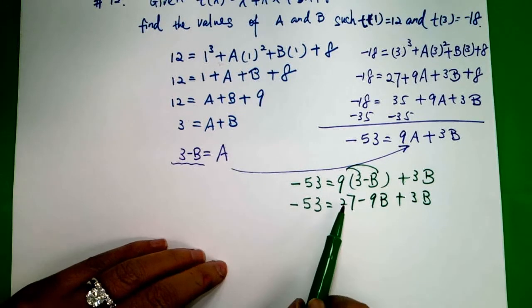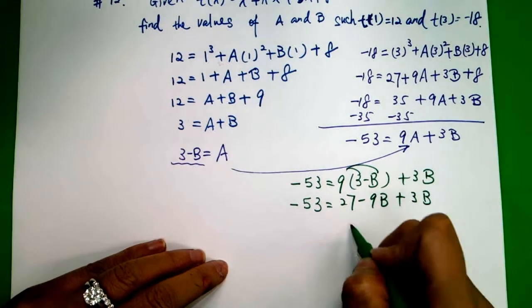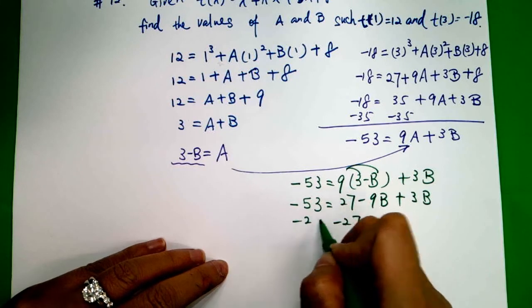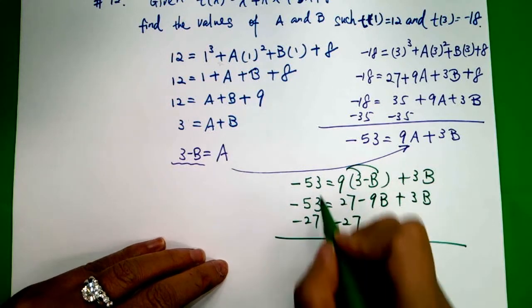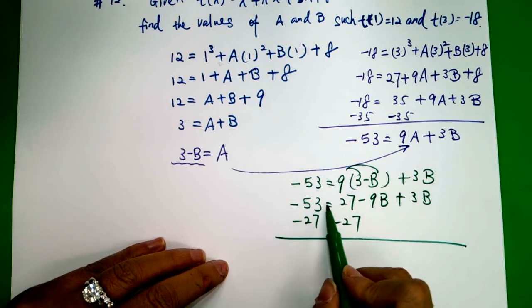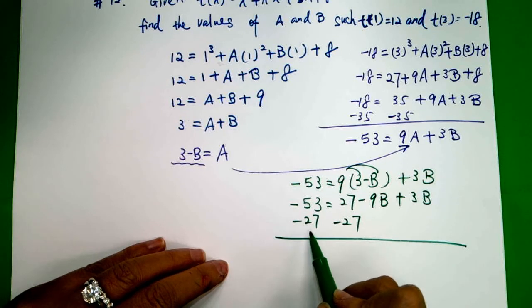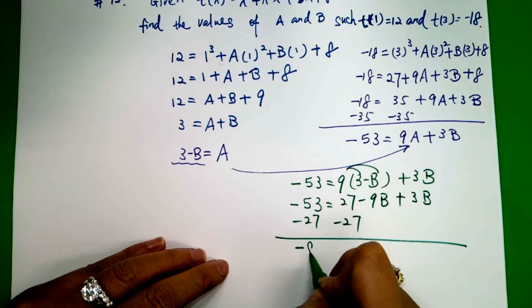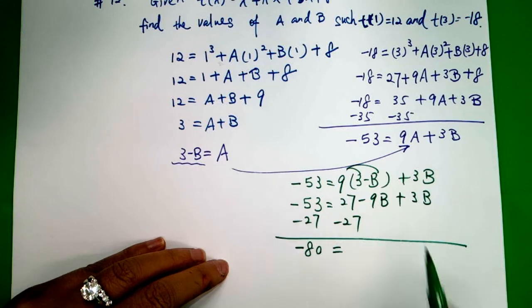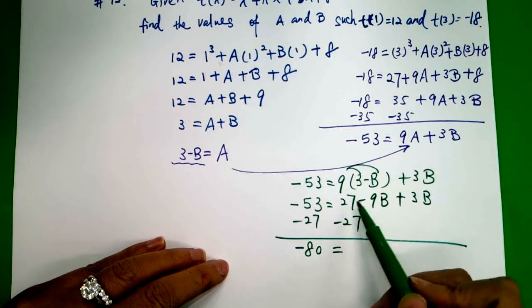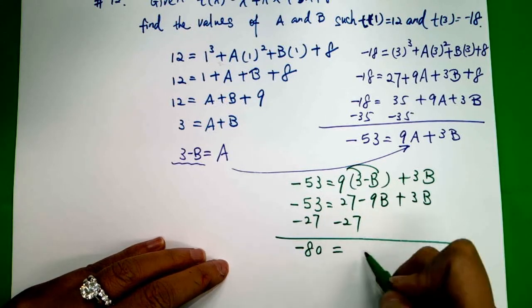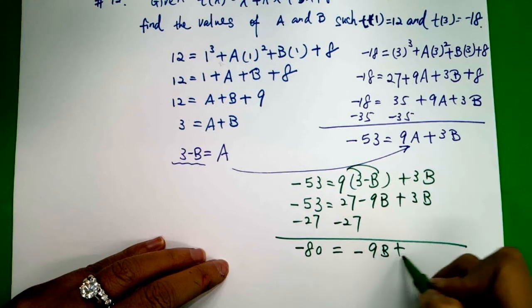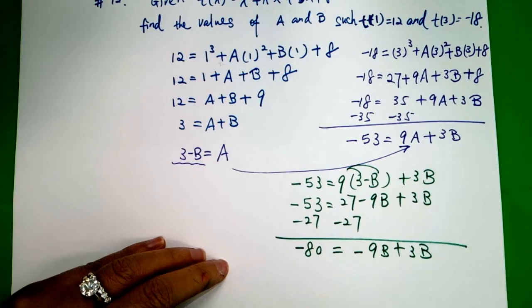For me to get rid of 27, I'm going to subtract the 27 on each side. So on my left side, I will have negative 53 minus 27. That will give you negative 80. On the right side, this 27 minus 27 is 0. So negative 9b plus 3b gives you negative 6b.